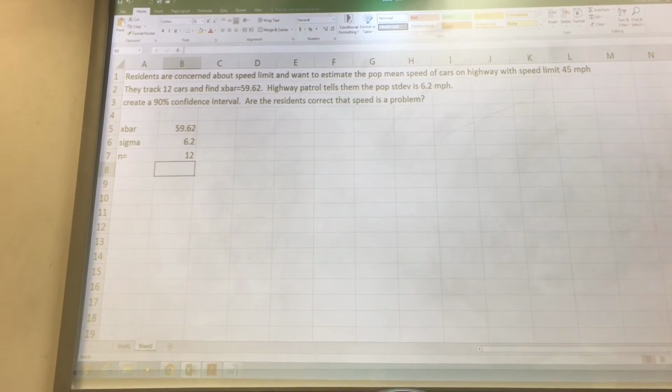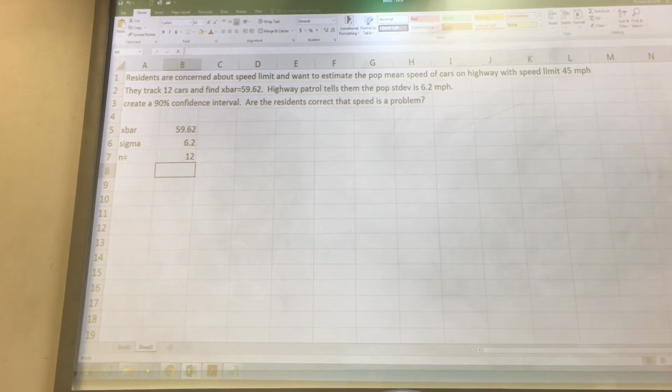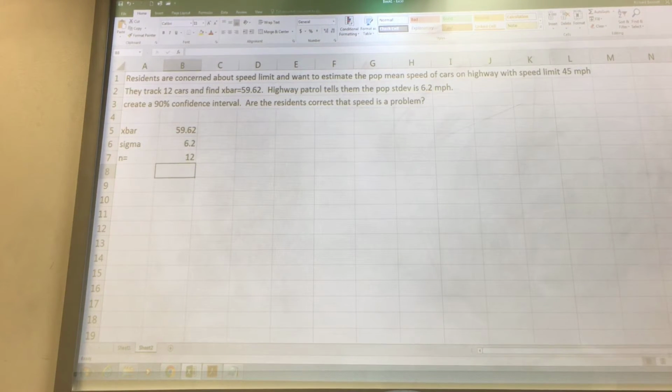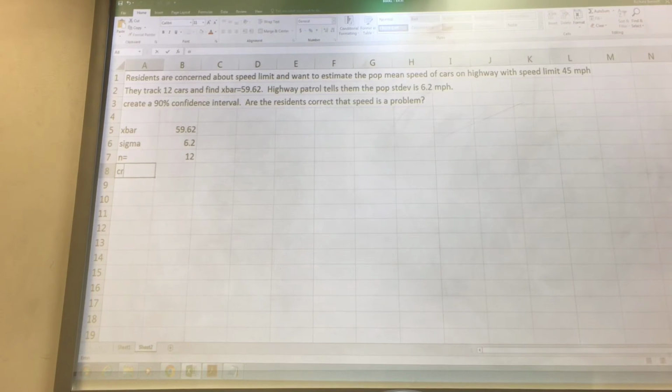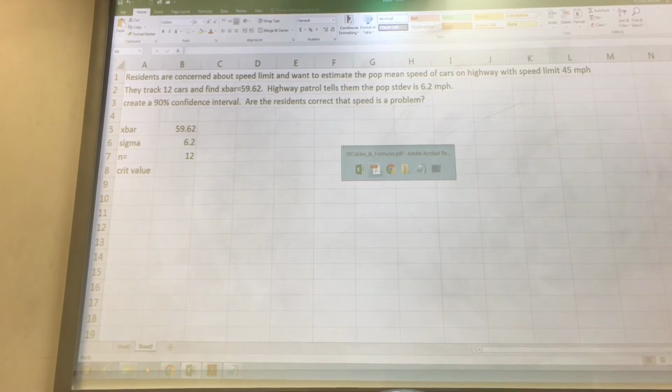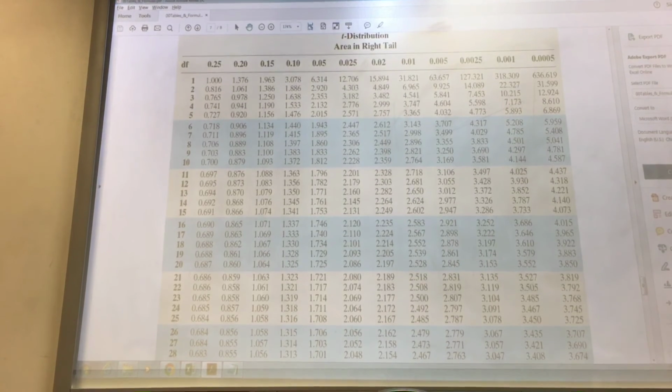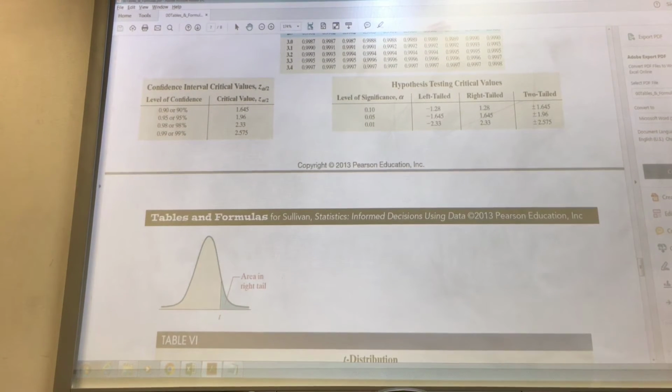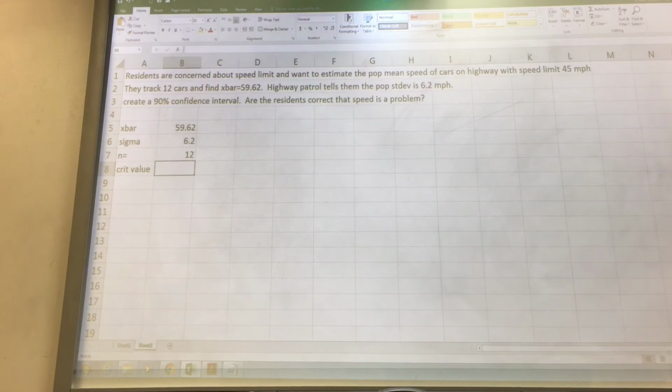Okay? So, let's see, I've got my x bar, I got my sigma, I got my n. What am I missing? I need my z sub alpha, the critical value. How do I find my critical value? Look at the chart. 90% confidence interval, my critical value is 1.645.